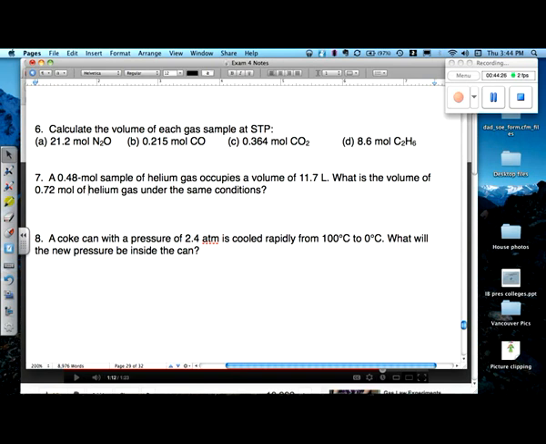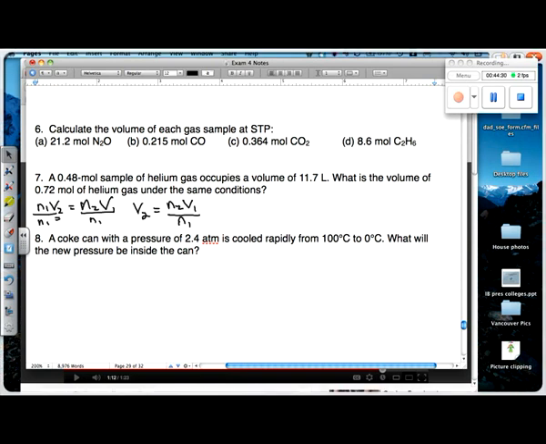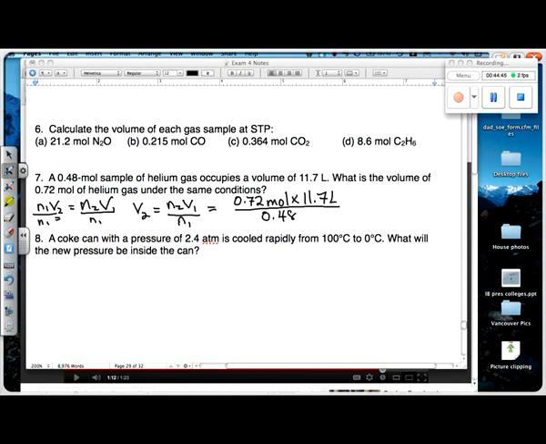So the conditions are that the temperature and the pressure did not change. All right, so now we got it. So 0.72 moles times 11.7 liters divided by N1, which was the 0.48 moles. So amount and volume, and they're directly proportional.